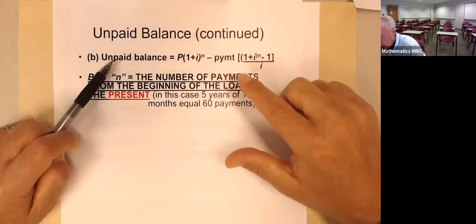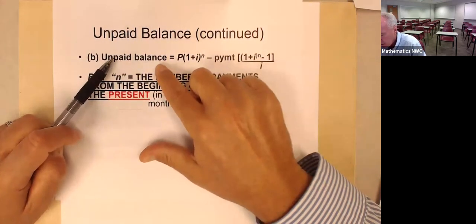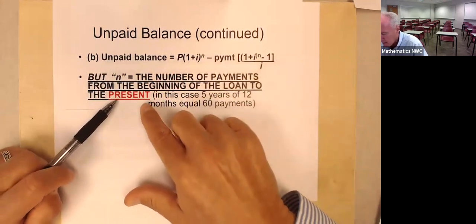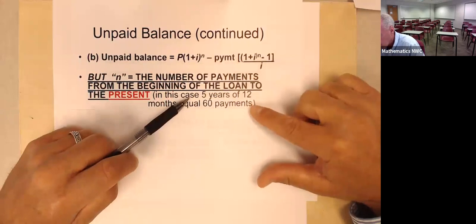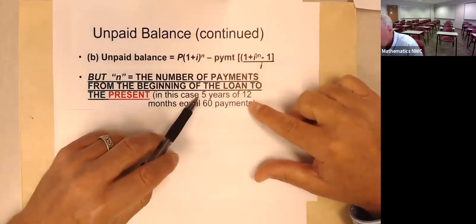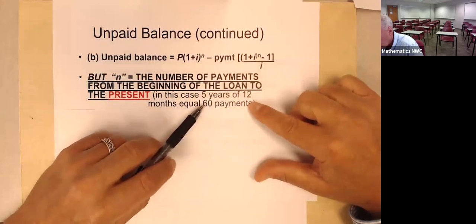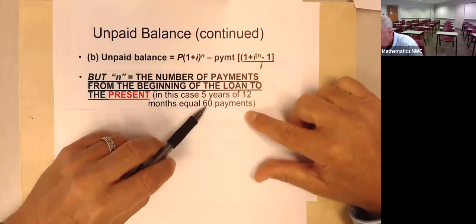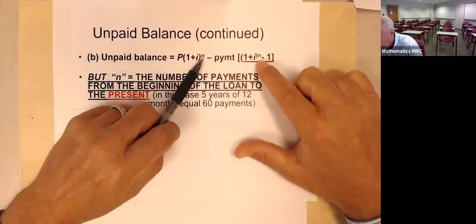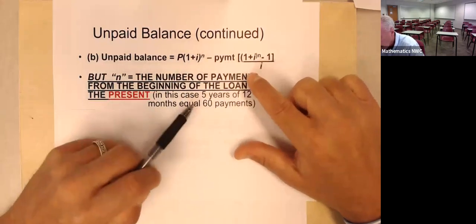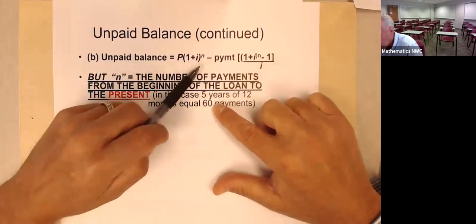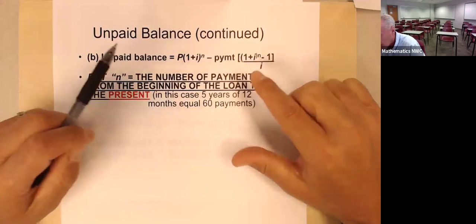But when you want the unpaid balance, you're only going partway through that amortized loan. You're going to a present value. In this problem, it was 5 years. Well, 5 years of 12 payments means 60 payments will have been made. That means rather than this being the total length, the N's will become 60 because that's how many payments you would have made in 5 years.